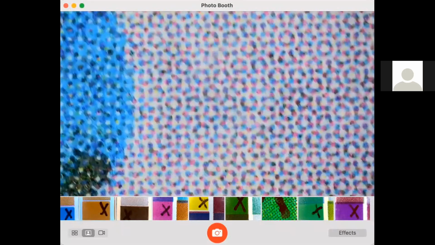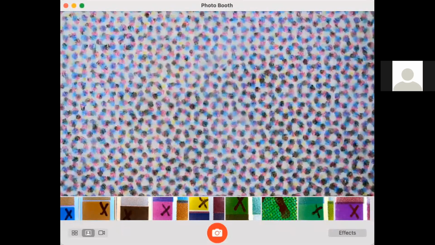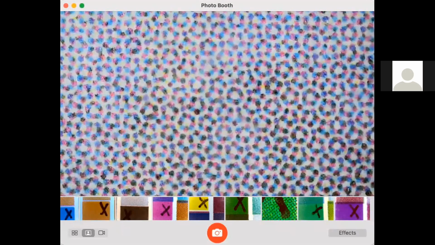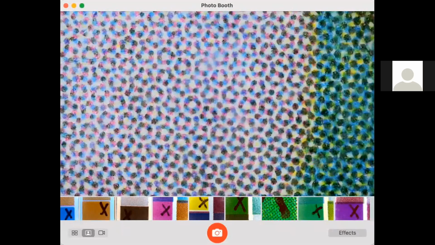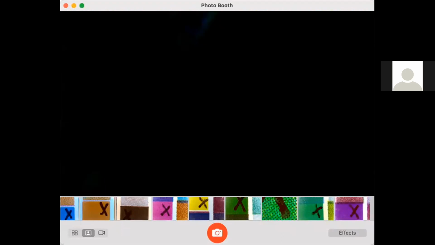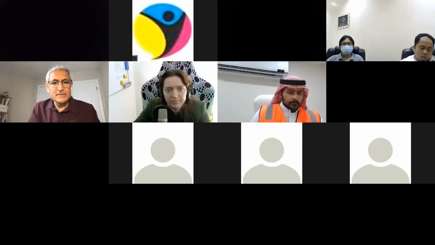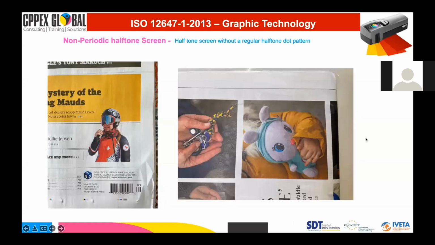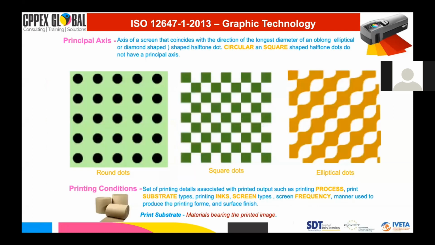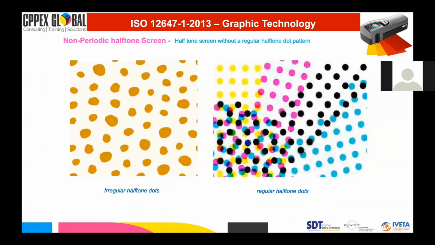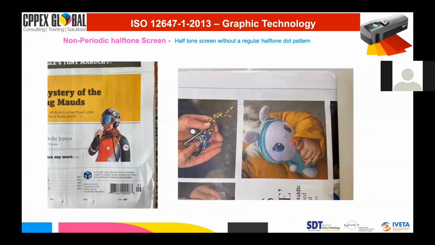So none of this is visible from a distance, but really we would look at this, and this is really how our CMYK printing works. So here's what I was looking at under that. And so all of our printing, flexo, gravure, offset, all will use that halftone screen. And those are the fundamental things that we have to worry about in terms of the dots and the screen movements.